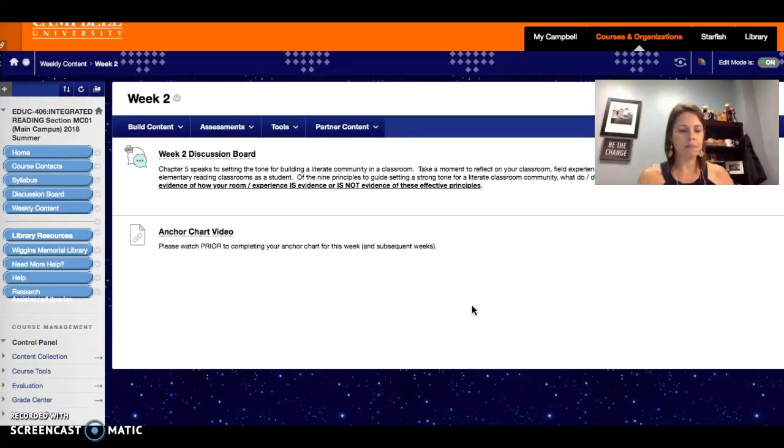large blocks of time for extended reading and writing, really allowing all of these things to happen uninterrupted. That language matters, authentic response opportunities, responsive teaching, and differentiation. Within those large blocks of time, we are able to differentiate our instruction in direct response to the things that students are needing, because we're in there with them, conferencing with them, and seeing what's happening in their reading and writing, and we're able to meet that need.